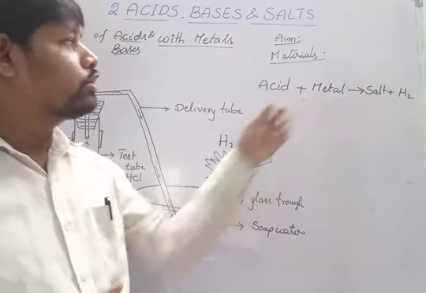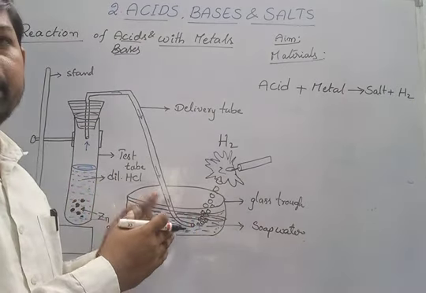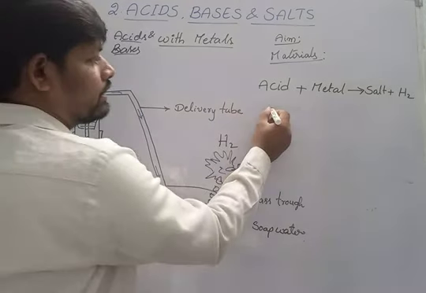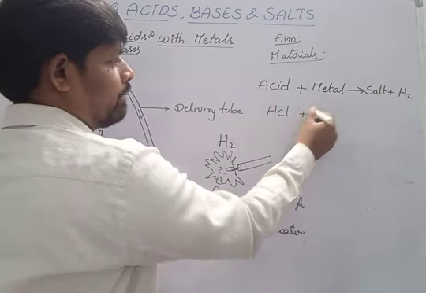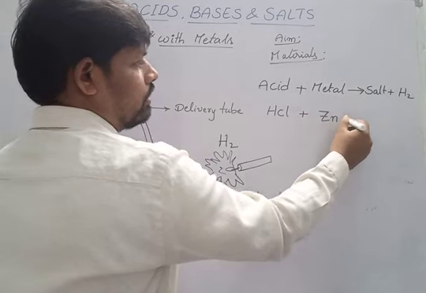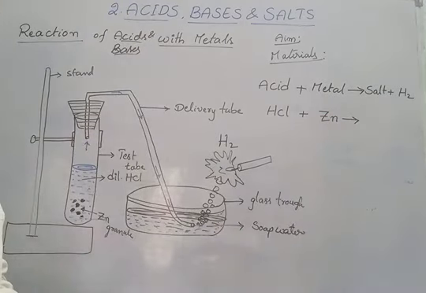So now for this reaction we have to write the equation. What is the acid we are taking? HCl. What is the metal? Zinc, Zn. What is the salt produced?